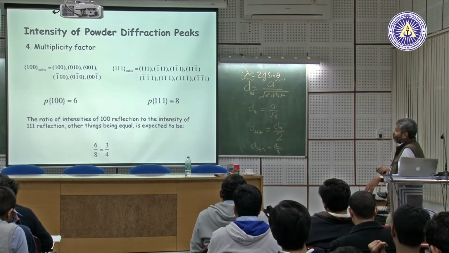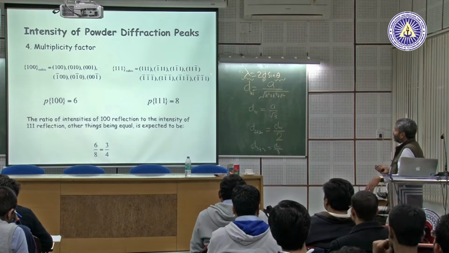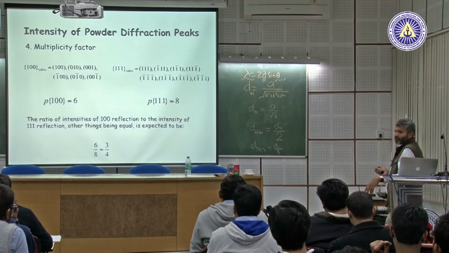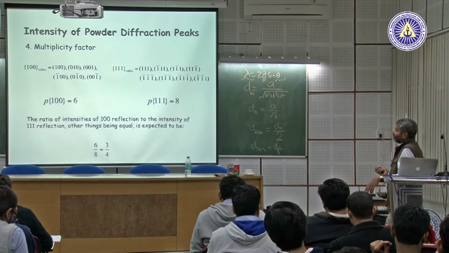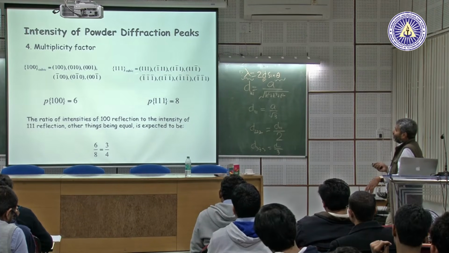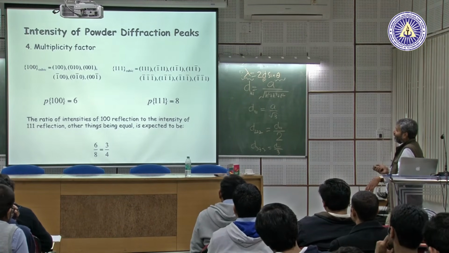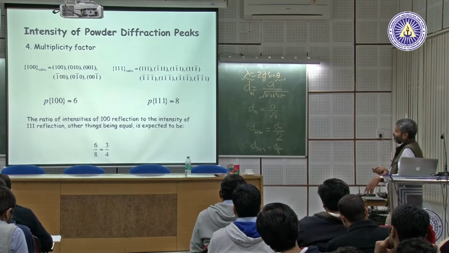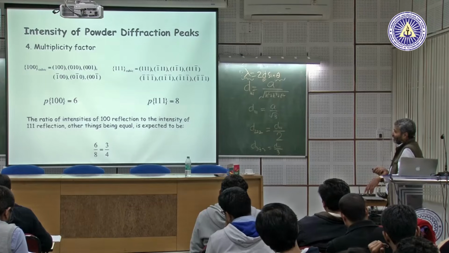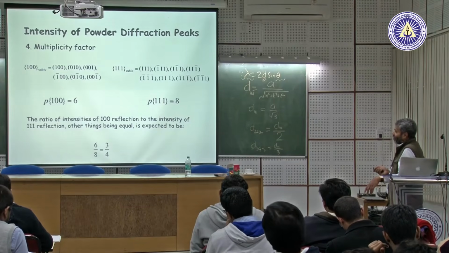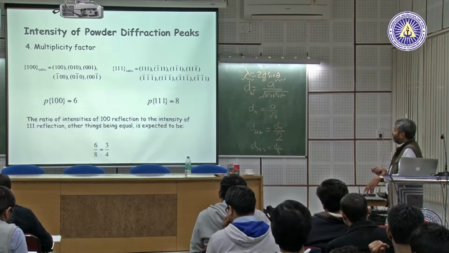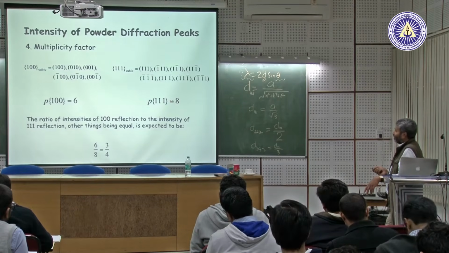But when you come to 111, there are 8 members which are supporting that direction, theta corresponding to 111. That is multiplicity. This is called the multiplicity of the plane. We are saying multiplicity of the 100 plane is 6, meaning in the 100 family there are 6 equivalent planes. Multiplicity of the 111 plane is 8. In the 111 plane family, there are 8 equivalent planes.